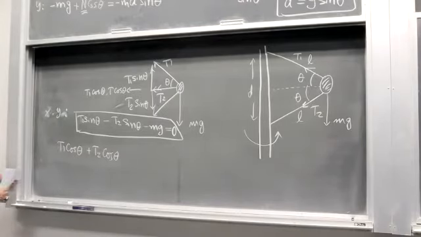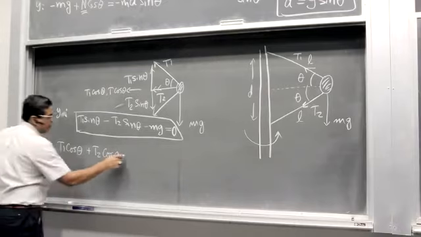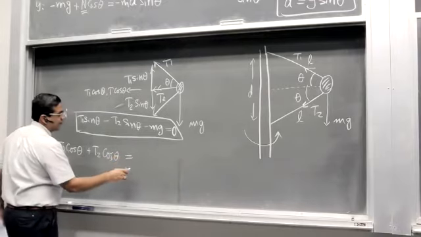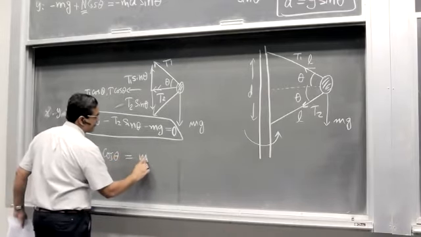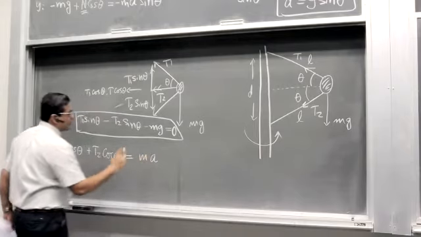And is there any other force in the x direction? No other force. How about the acceleration? What about the acceleration? T1 cos theta plus T2 cos theta will not be negative because they are going to the left side.